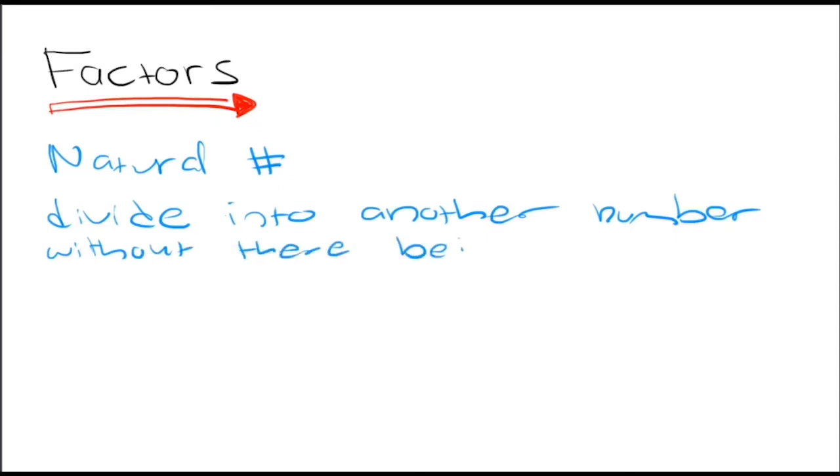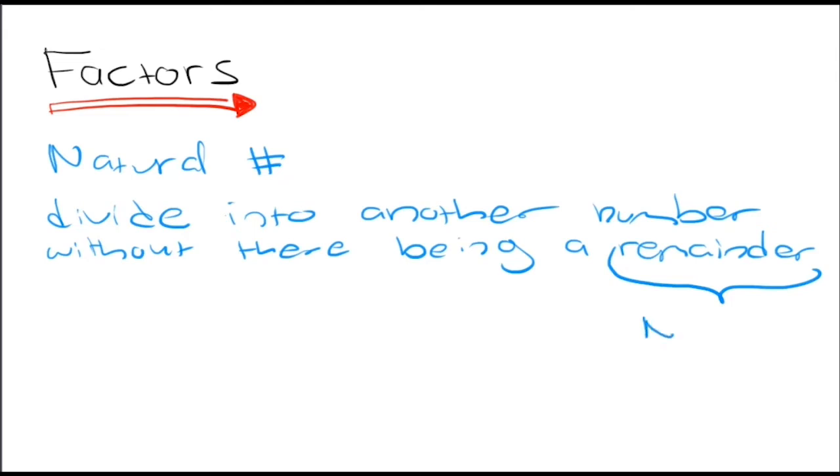What they mean by this is we are not going to have any decimals or fractions or anything like that over here. So no decimals. It's going to be dividing into a number perfectly. All right, so let's take a look at what that means.